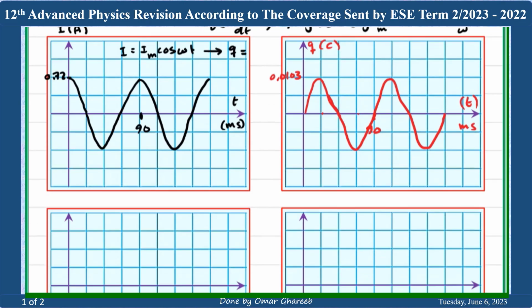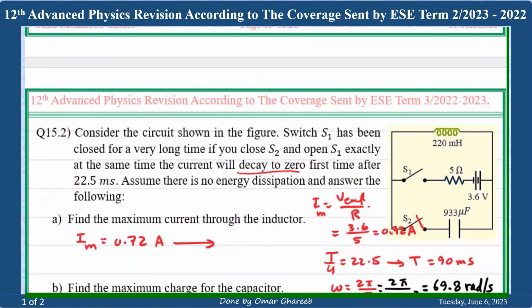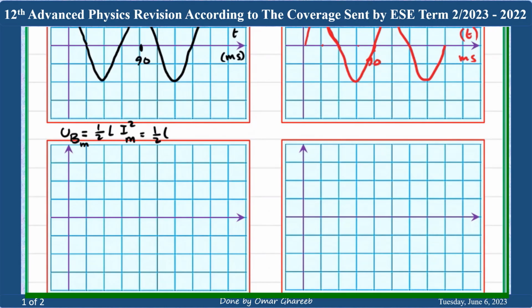Now for the energies, UB equals 1/2 L i squared. If you need UB maximum, you need to take I maximum. 1/2 L, from the circuit, is 220 millihenry, 10 to the minus 3.